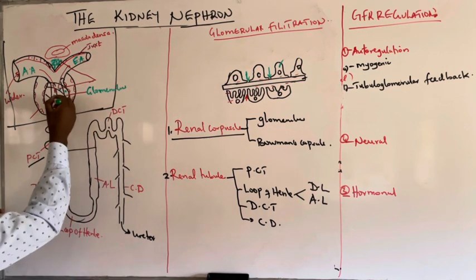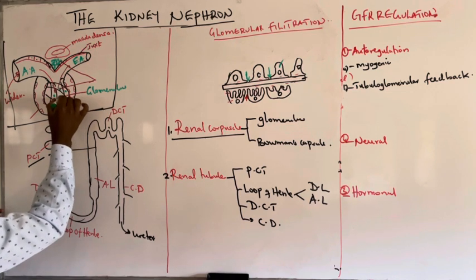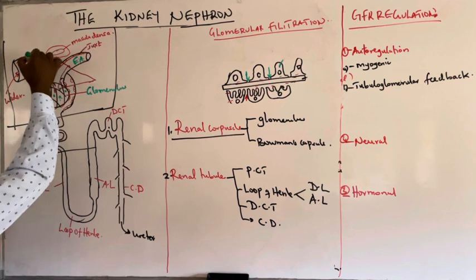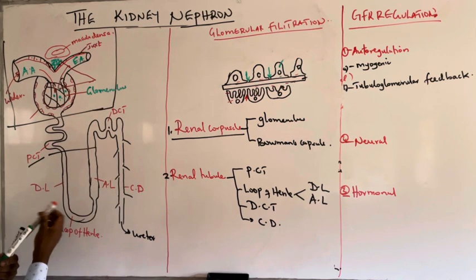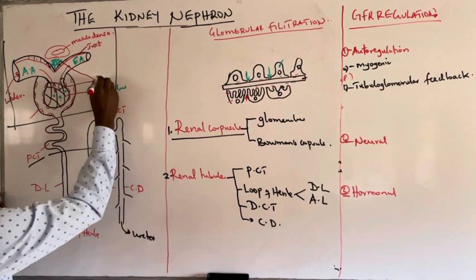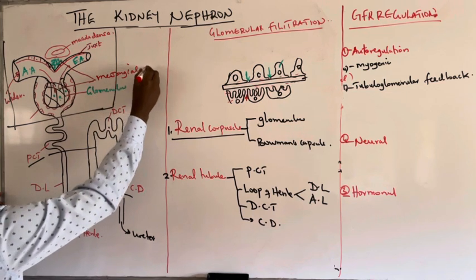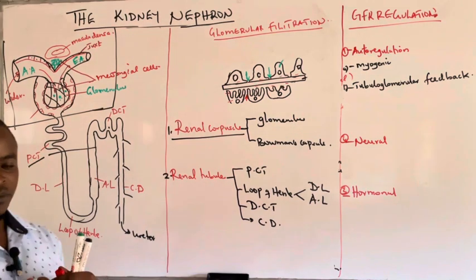And within the glomerulus, there are cells which are found there. The cells within the glomerular capillaries, in between the efferent and the afferent, we call mesangial cells. And these mesangial cells are the ones that are responsible for contraction.